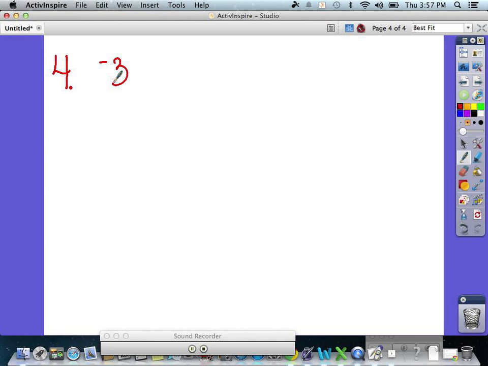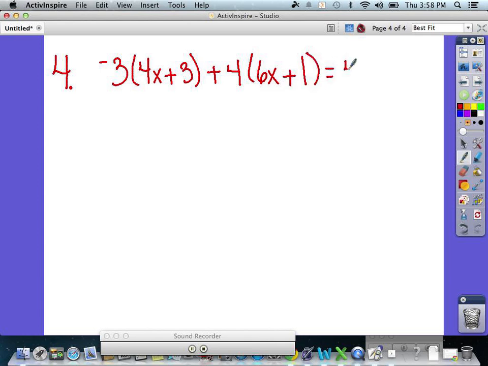Negative 3 times 4x plus 3 plus 4 times 6x plus 1 equals 43. If you have a highlighter, you can separate or draw a line down your equal sign with your highlighter.